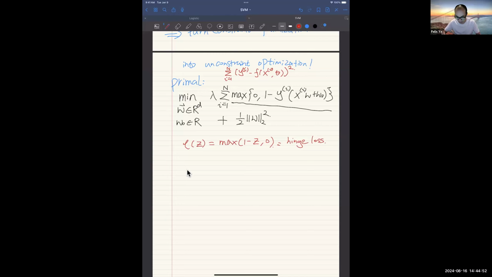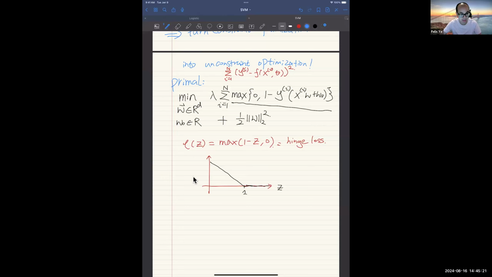If you plot this out, the hinge loss looks like this, if this is 1 right here. This is your z, and this is your hinge loss.